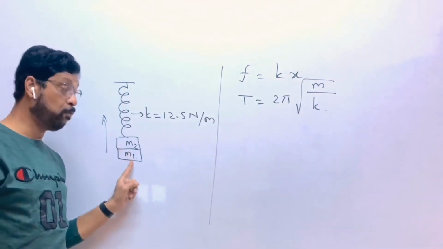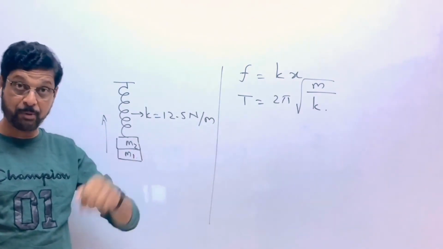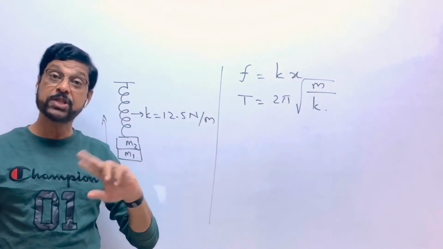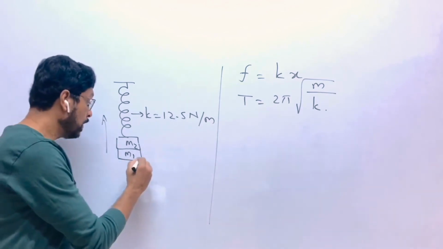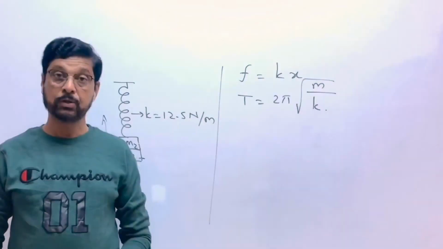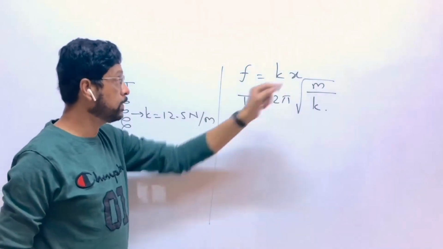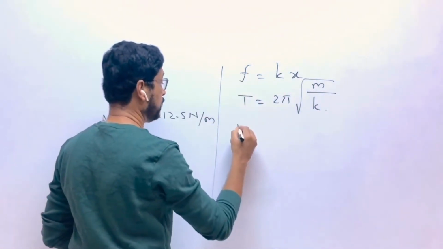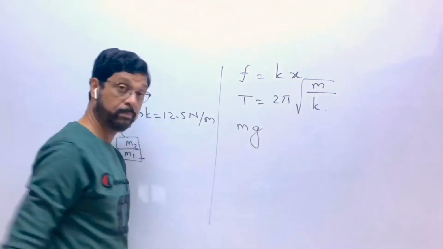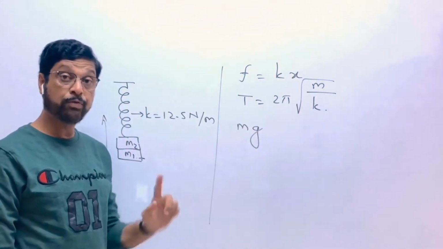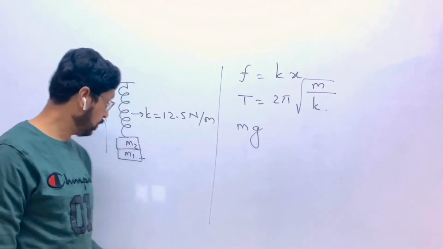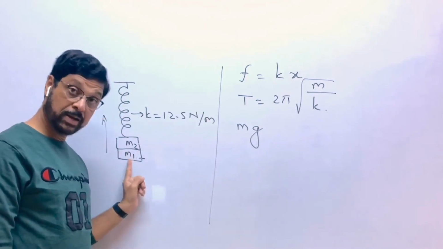Due to M1. It is performing simple harmonic motion because of change in weight due to M1. So, this F is equal to Kx. F is mg, correct? And which M? M1 or M2? M1. इसके कारण SHM हो रहा है.